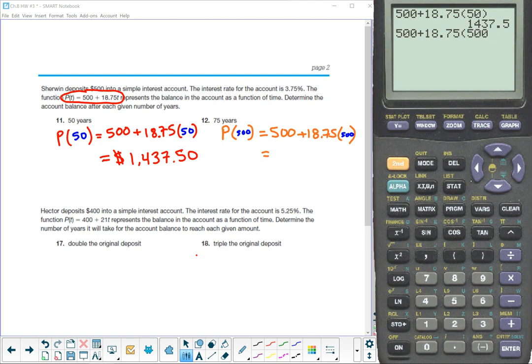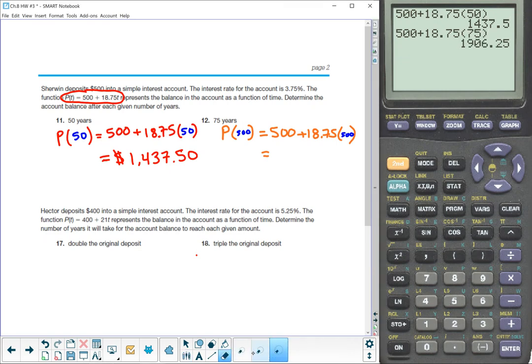Oh, sorry, not 500, 75 years. I don't know what I'm doing. There we go. Okay, so I messed up on that a little bit. The correct answer should be $1,906.25. And these were not 500s, by the way. These were 75s.